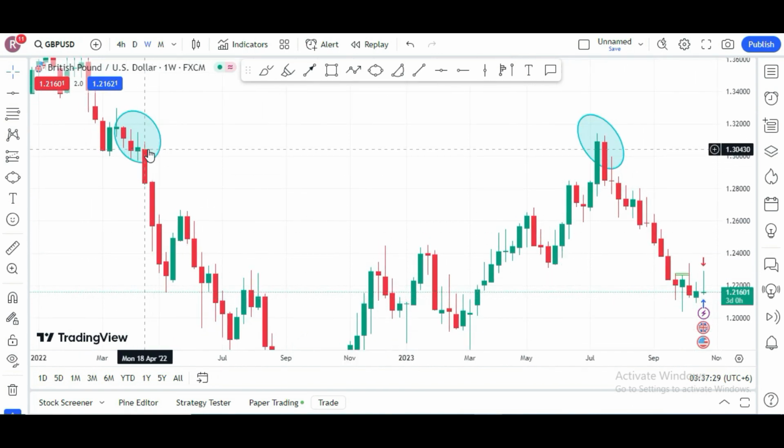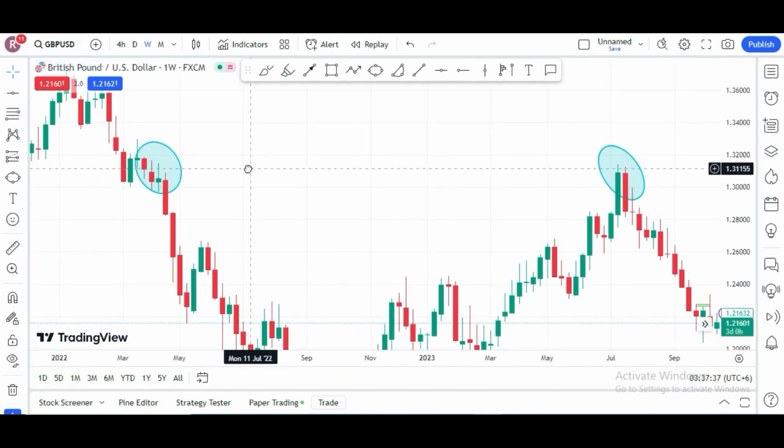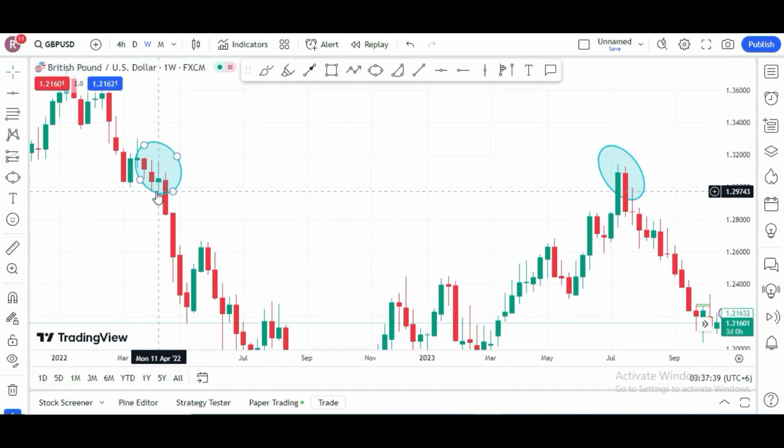So this is the place, this green candle is the last candle which tried to stop the sellers.